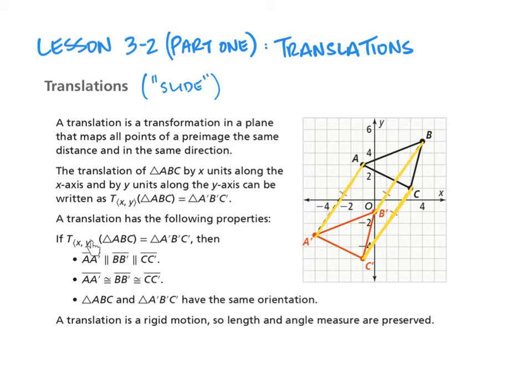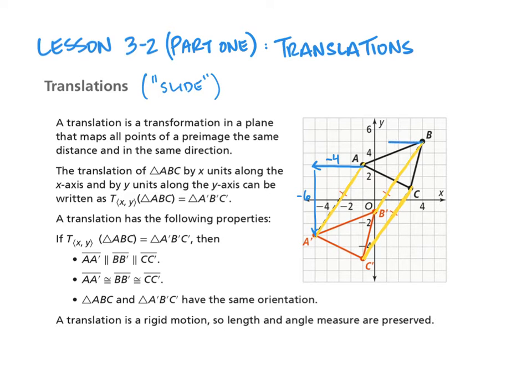Now let's fill in this generic x and y. Let's talk about what this translation would be doing. To get from A to A prime, I have to go over to the left 4 units, so I subtract 4 because I'm moving to the left, and I go down by 6, so I subtract 6. I'm doing it for every point.